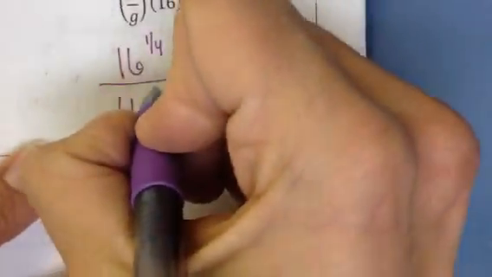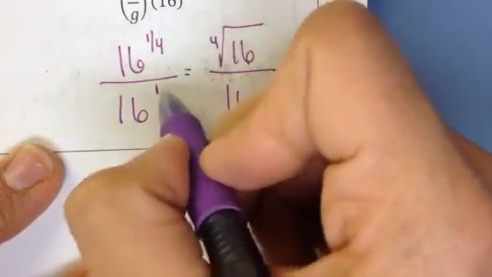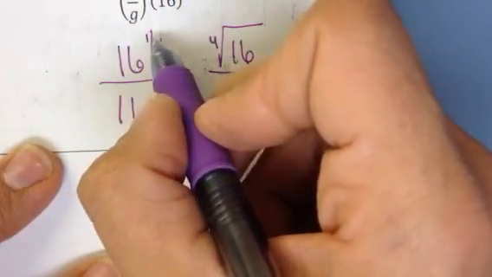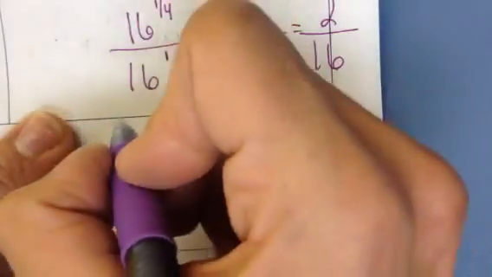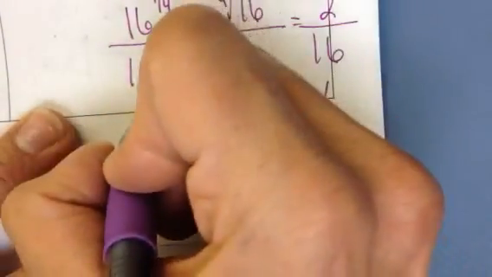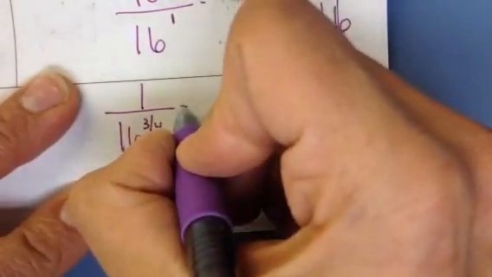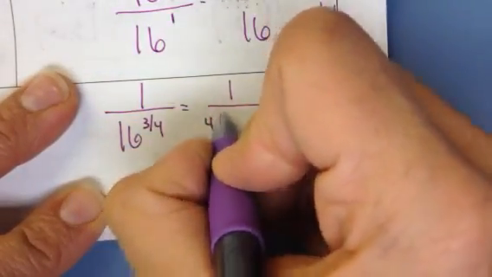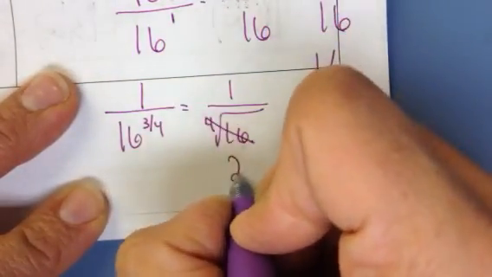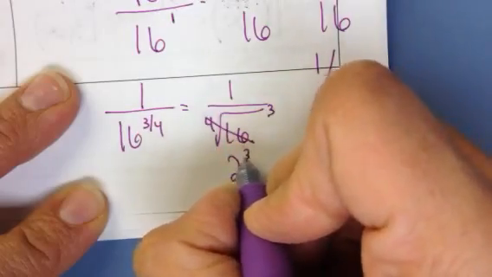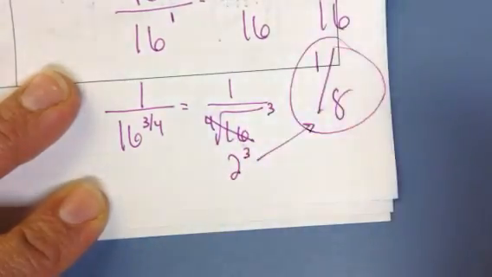The other way you could look at this is you could subtract the exponents because they're the same base, and a fourth take away 1 is negative 3/4 or 3/4, and it says that that 3/4 should be on the bottom. And then again, look at this as the 4th root of 16, which is 2, and then take that 2 to the 3rd power and get the 8 that's in the bottom.